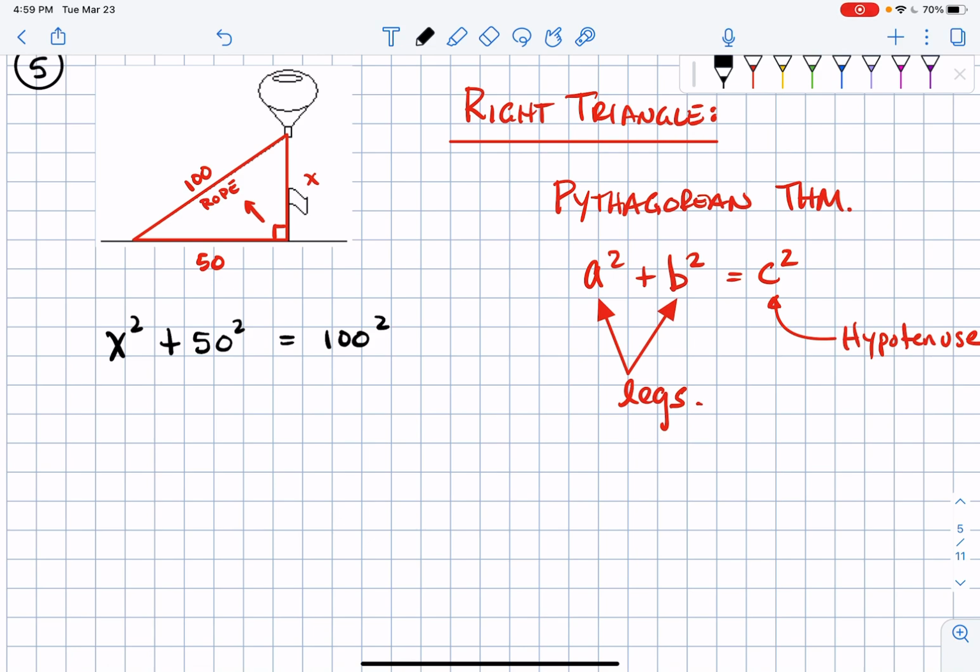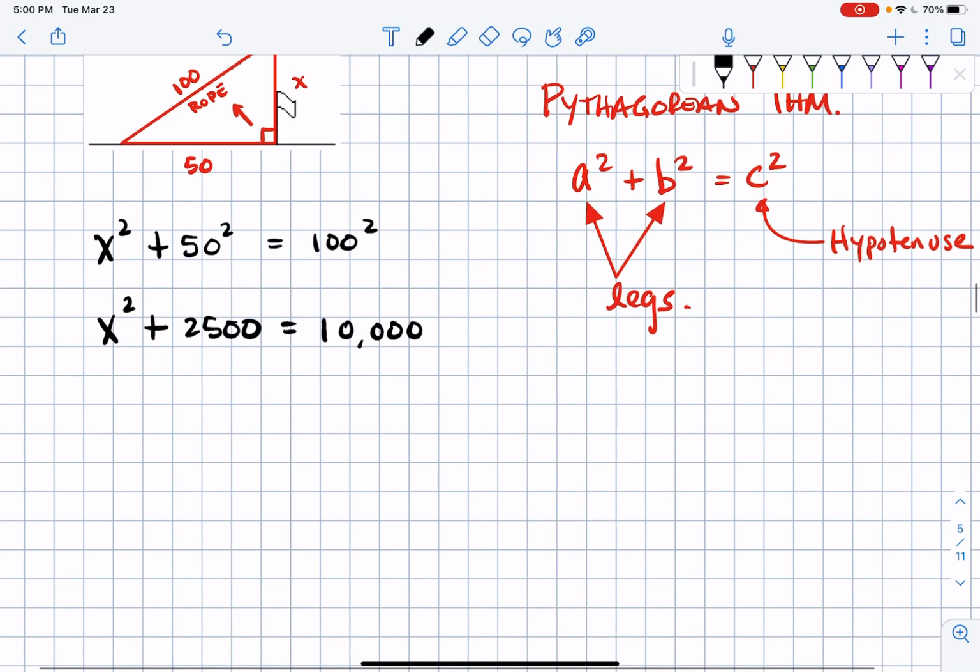So what I have here is that x squared is equal to 2,500 plus... sorry, this is not equal, this is still plus, equaling 10,000. So I have to subtract that 2,500. So I got x squared is equal to 7,500.